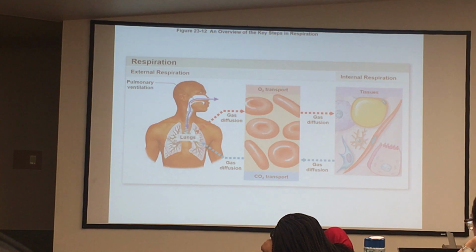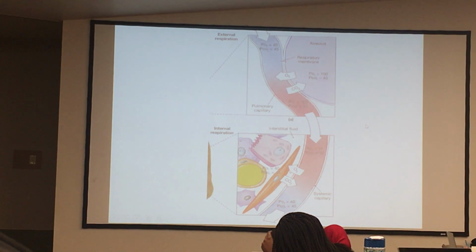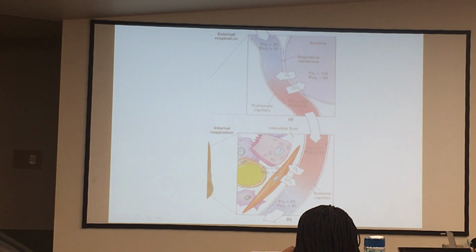Okay. So now we continue to external respiration. That means the air going in and out of the lung. Internal means reaching every single cell, every tissue. A very interesting thing in the external is between the alveolus and the blood capillary.